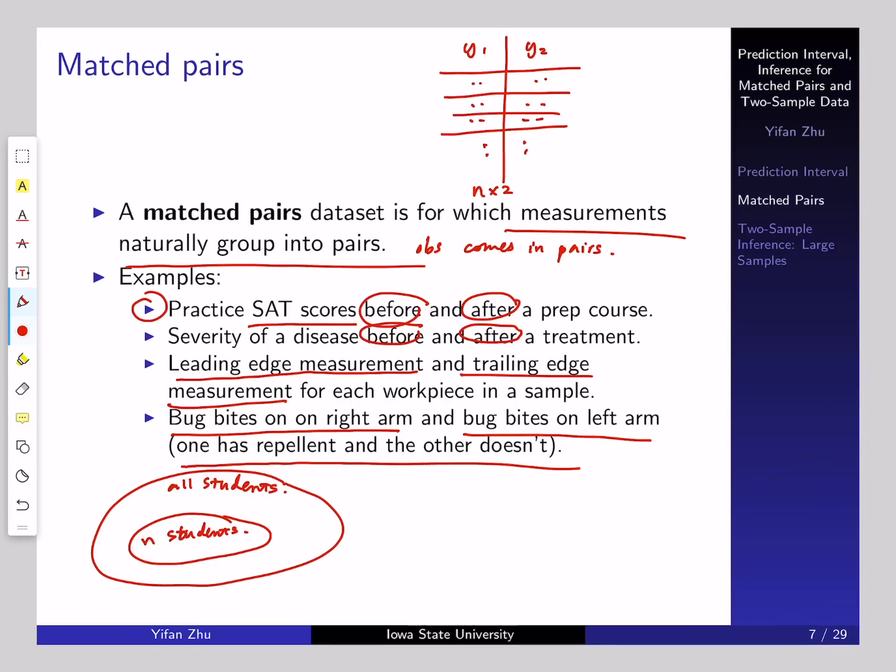And we have set score before and after a prep course for each of these students. For student i, we have two observations. We have two measurements in a pair.